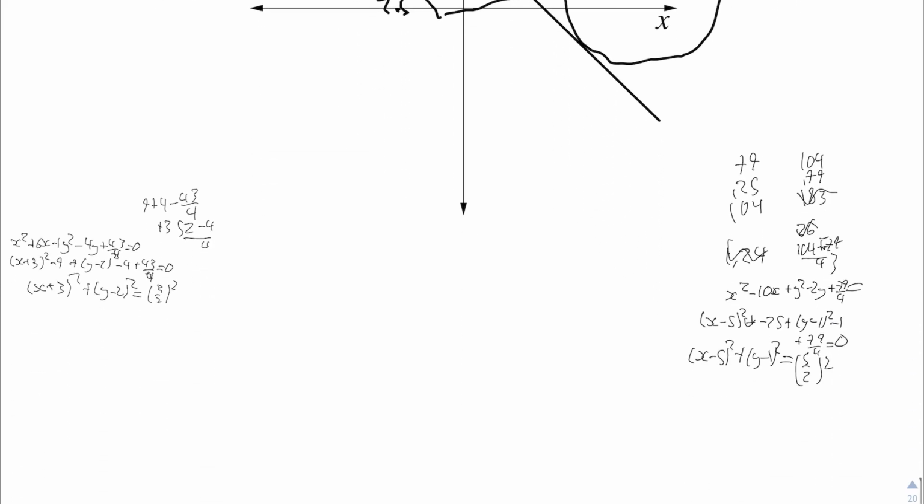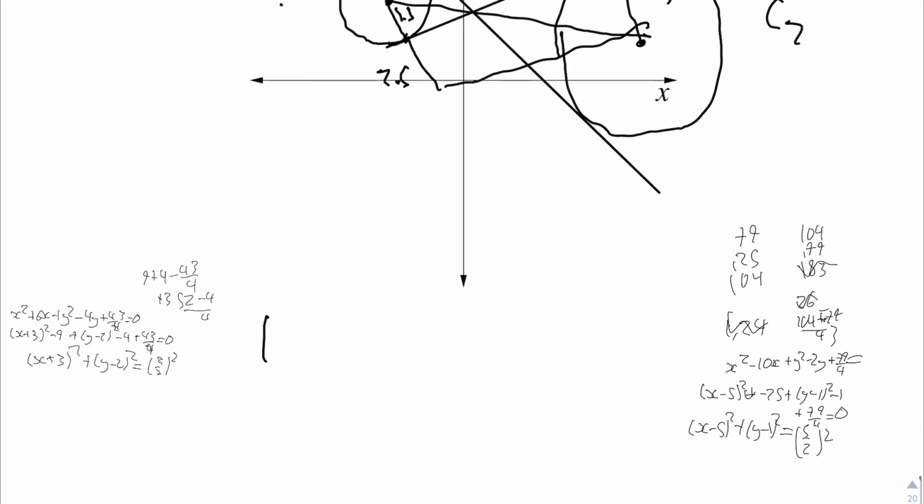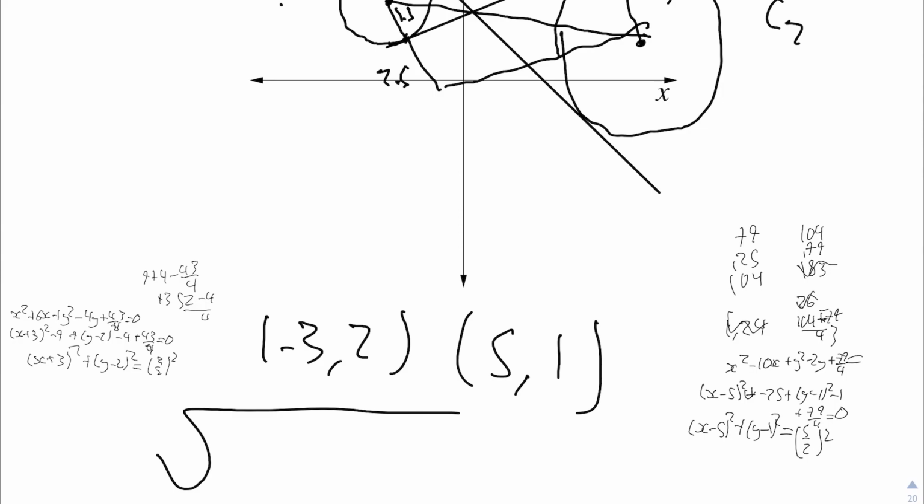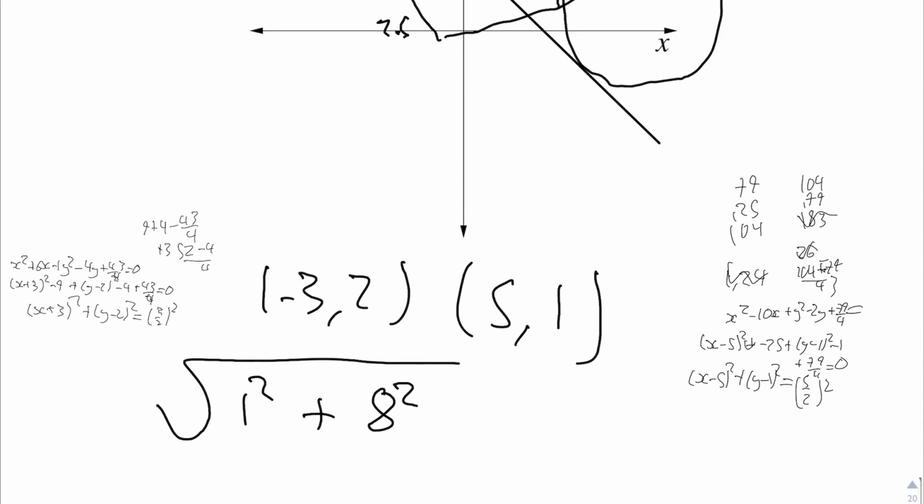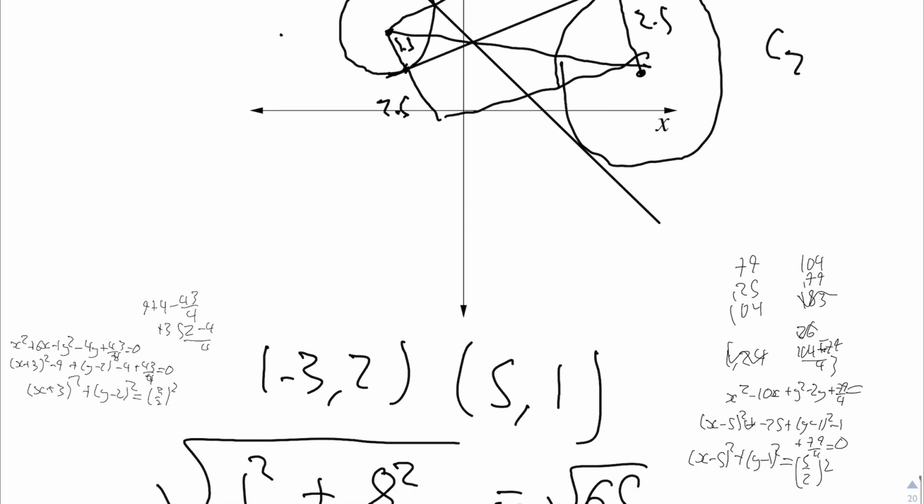So now, we just need to find the distance between the centres of the circles, which are -3, 2, and 5, 1. To find the distance, we're going to use Pythagoras' theorem. So we have 2 minus 1 squared, which is 1 squared, plus -3 minus 5 squared, which is 8 squared, I think, which is 64 plus 1, which is root 65.